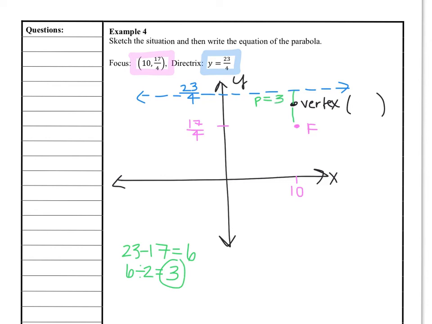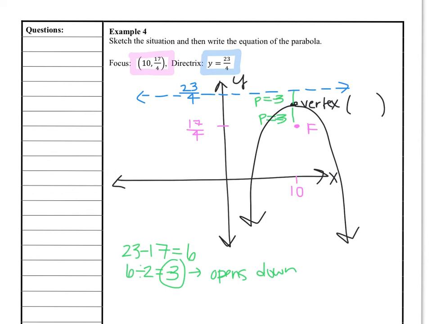But since it opens downwards, then that means that our P has to be negative. So it must be negative because it opens downward. Okay, so we've got 3 units in between both of those points there. So our parabola is going to be facing down.